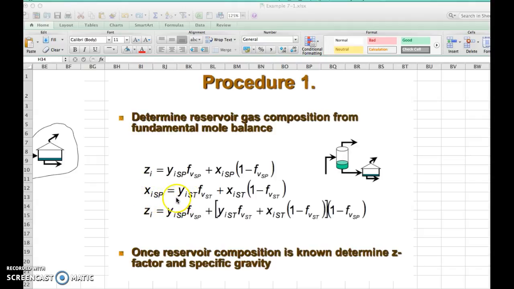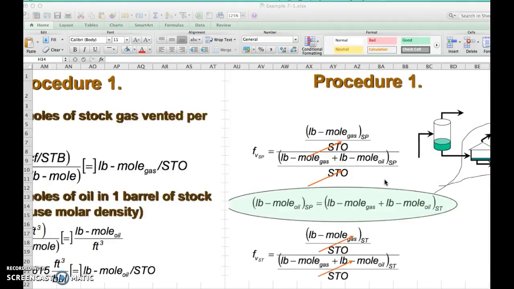Composition of liquid at separator condition would be fraction of vapor multiplied by the composition of gas at the stock tank plus the fraction of liquid, or 1 minus the fraction of vapor at the stock tank, multiplied by the composition of liquid, because basically the liquid will be summation of the gas plus liquid. The liquid at separator would be summation of the gas at the stock tank plus the liquid at the stock tank. So it's pretty easy.